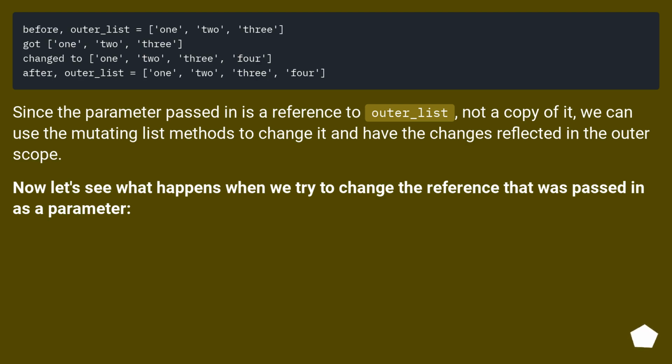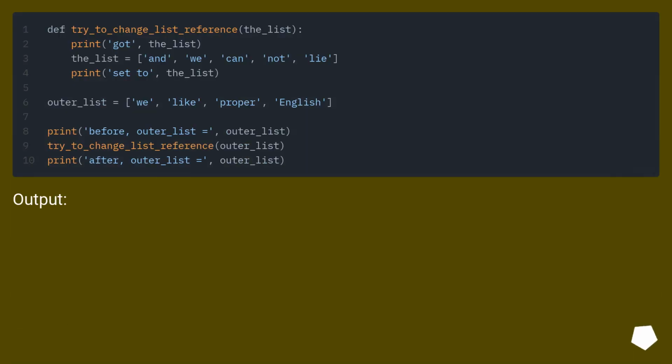Now let's see what happens when we try to change the reference that was passed in as a parameter. Output.